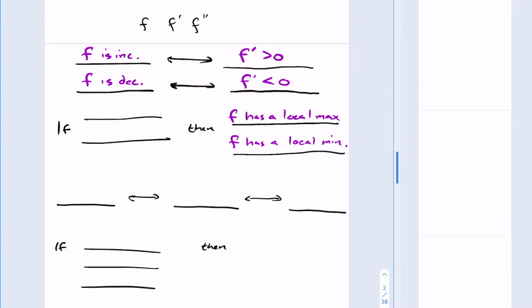Remember that if f prime changes from positive to negative, then f has a local max. If f prime changes from negative to positive, then there's a local min.